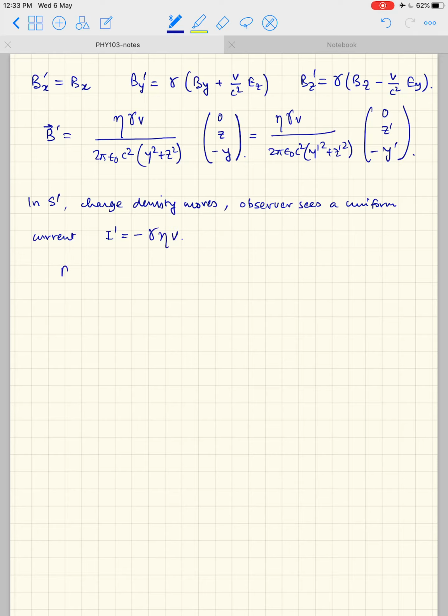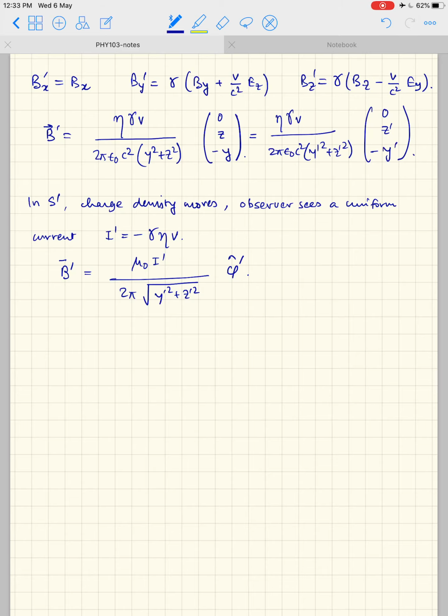So this means that B prime is mu naught I prime by 2 pi root of (Y prime squared plus Z prime squared), times, if you remember your cylindrical coordinates, phi prime. This, remember, is exactly the form that we found from Ampere's law.